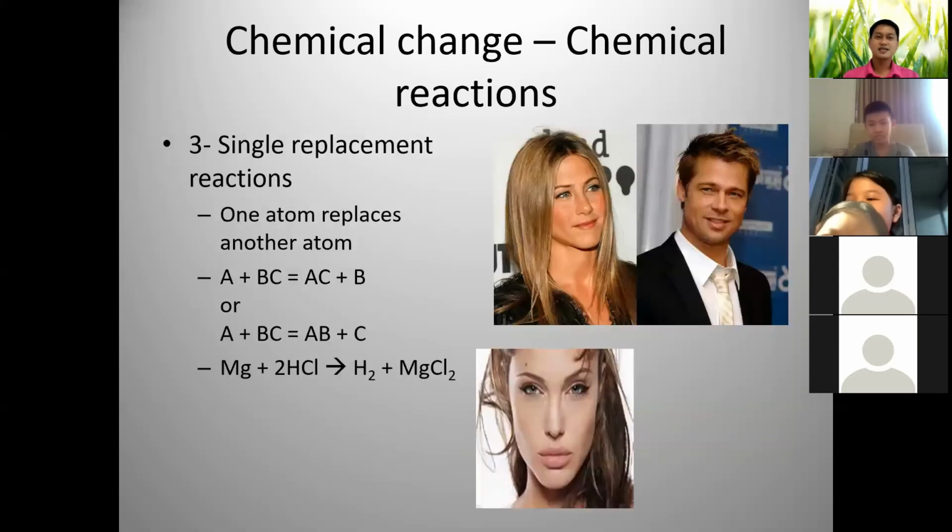Next, we have single replacement reaction. Here are some good examples. One atom replaces another atom. A plus BC will become AC plus B, or A plus BC will become AB plus C. One atom will be separated and the other one will be replaced.